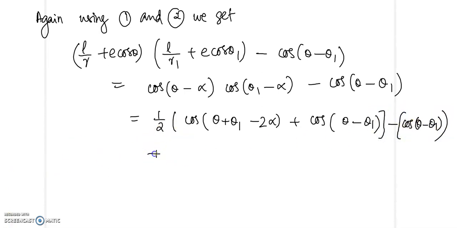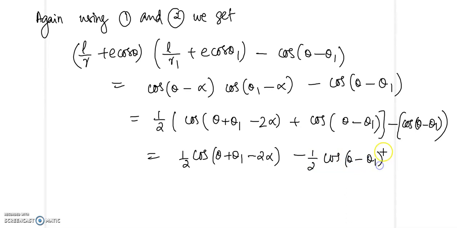Okay, so therefore we will get 1/2 [cos(θ+θ1−2α) − cos(θ−θ1)]. Now this is 1/2 cos(θ+θ1−2α) minus 1/2 cos(θ−θ1).